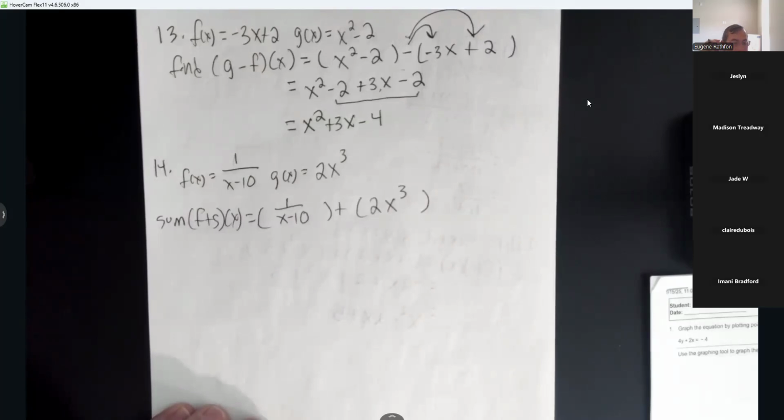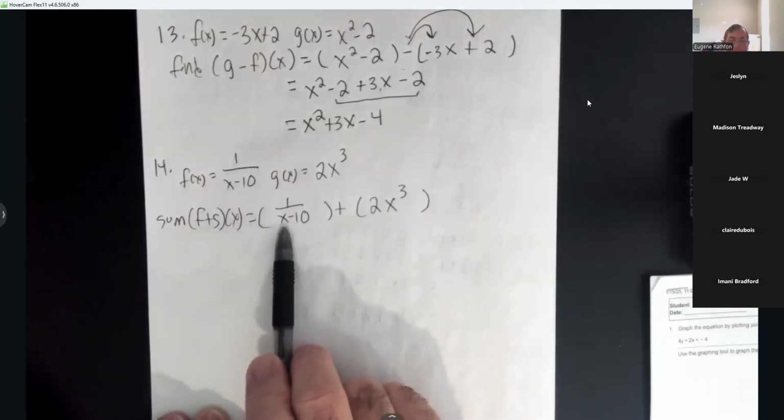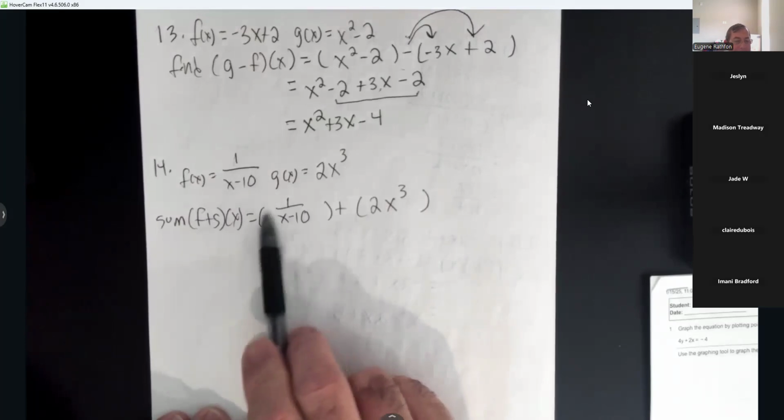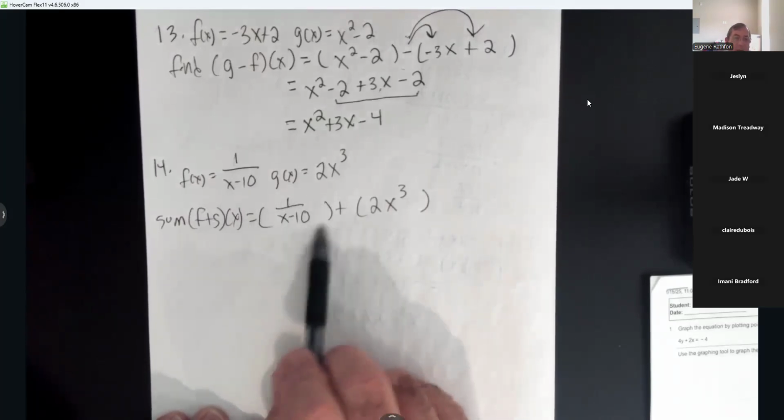Now remember, there definitely is, Claire. Oh, good. Not a negative 10, but a positive 10. There you go. Because remember, 10 minus 10 would make this undefined right here, right?